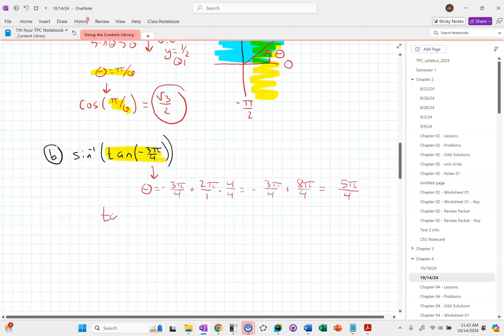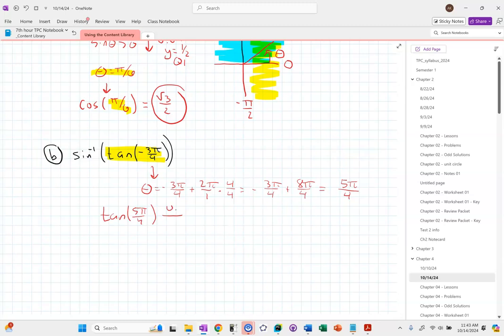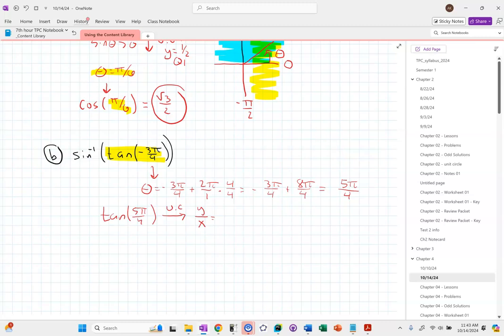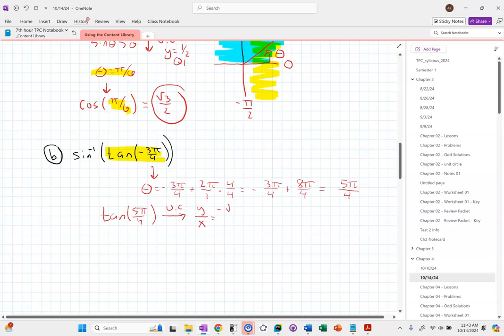So if I go to my unit circle, I can do tangent of 5 pi over 4. Remember, on the unit circle, tangent is y over x. So at 5 pi over 4, what is the y coordinate? Negative root 2 over 2.